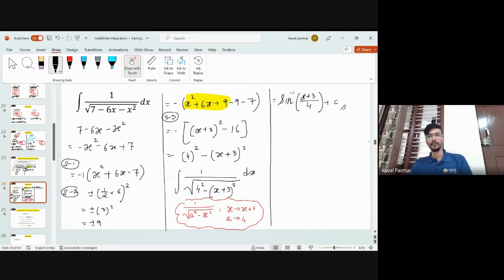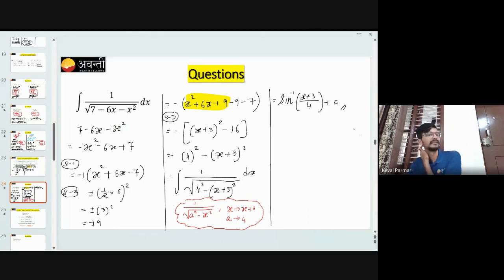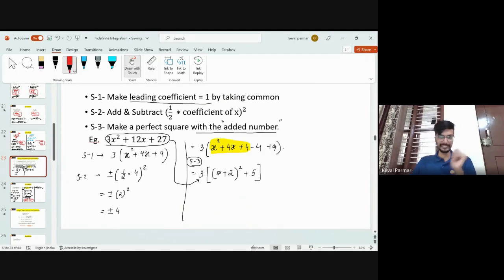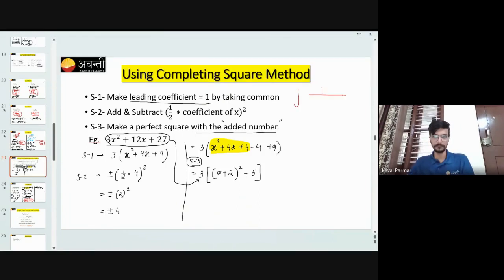If this is very clear, let's move on to the next. Completing the square is used for integrals of the form 1 upon quadratic, integration of 1 upon quadratic dx, or integration of 1 upon root quadratic dx.